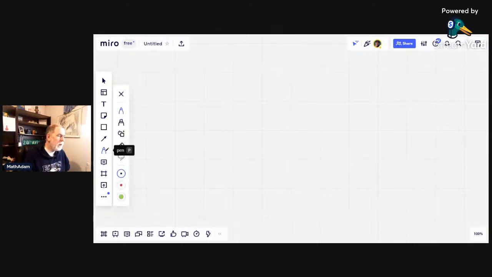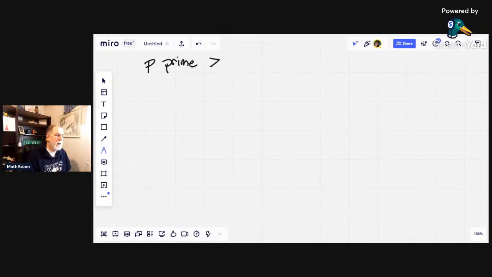So what we want to do is show that we've got P is a prime number greater than 3. So we want to show that if that's the case, then P squared, the square of that prime, is congruent to 1 mod 24.